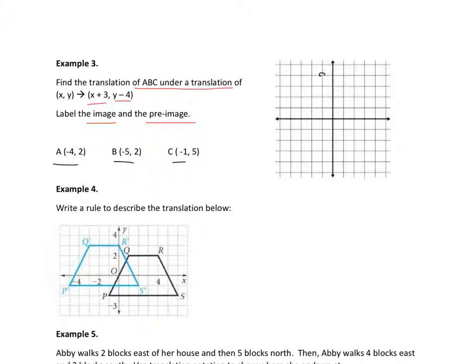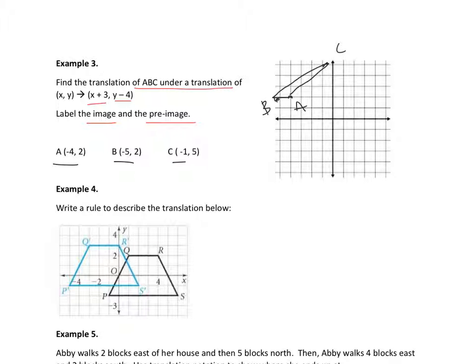B is negative 5, 2, and then C is negative 1, 5. Okay, so you have this triangle, and make sure you always label A, B, C.